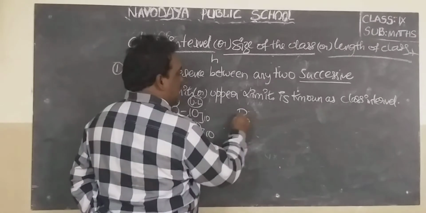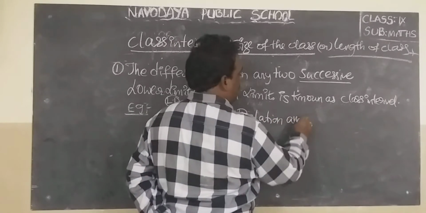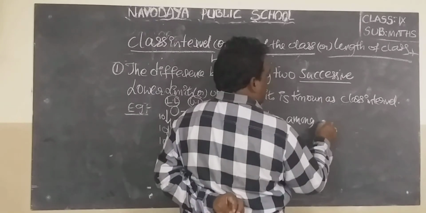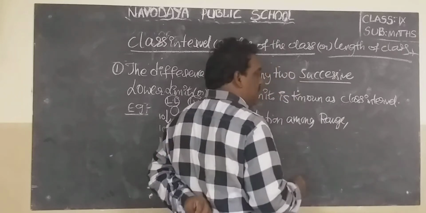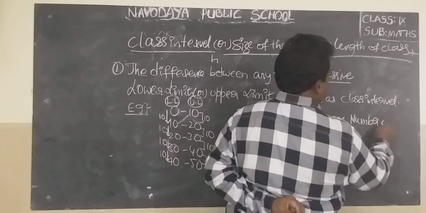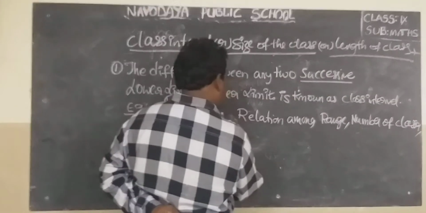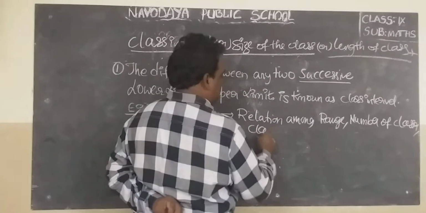Then what is the relation among range, number of classes, and class interval?